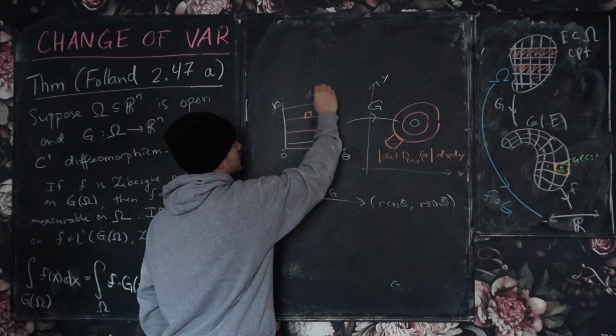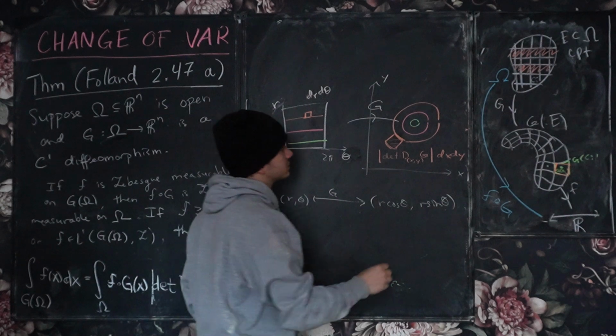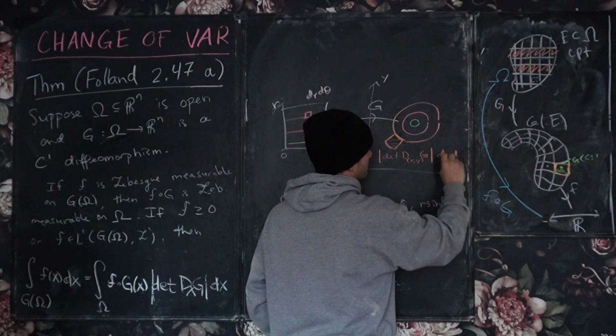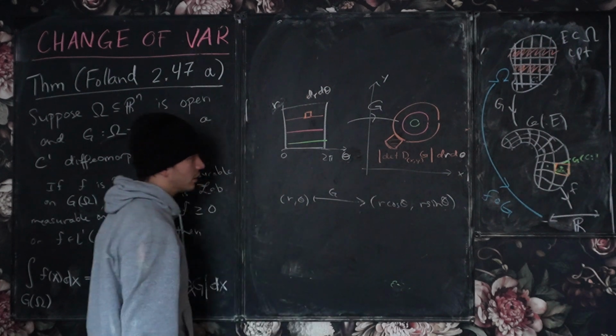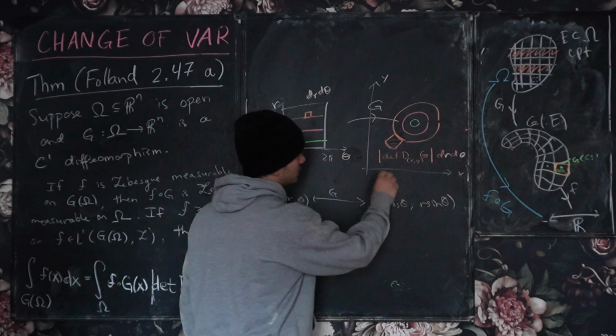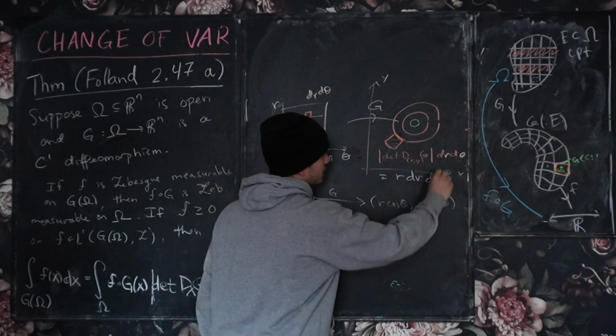So here's dr d theta, and here is dr d theta. We already calculated this determinant, that's r. So this is just equal to r dr d theta.